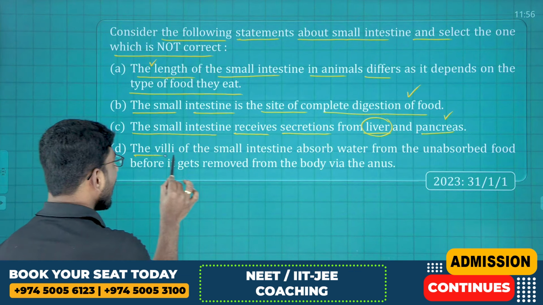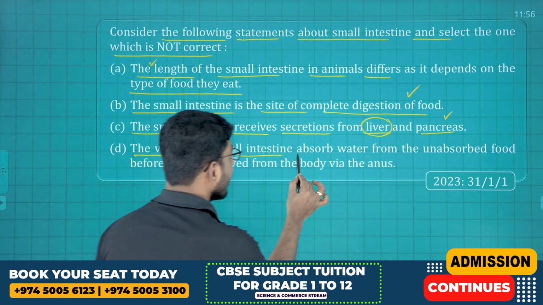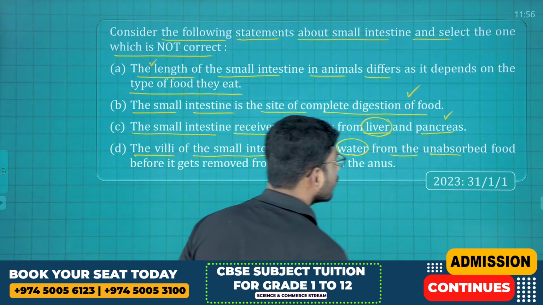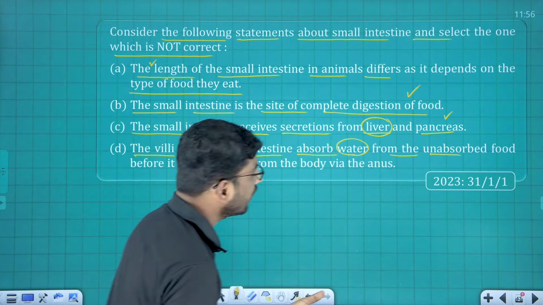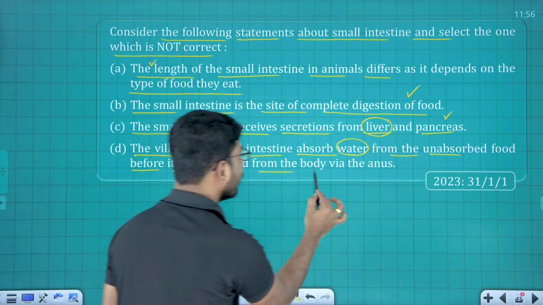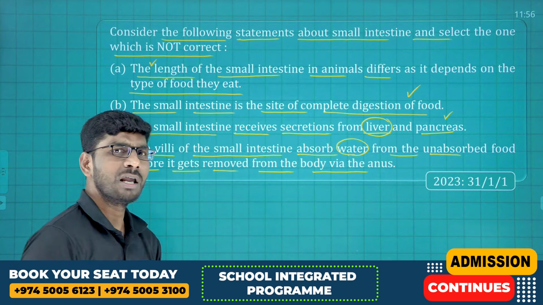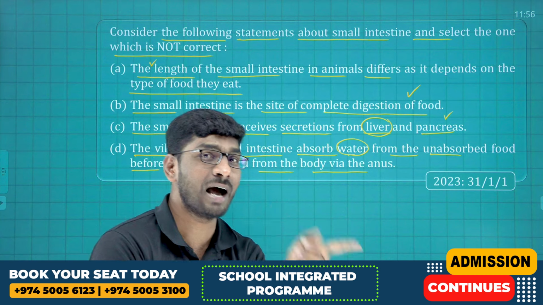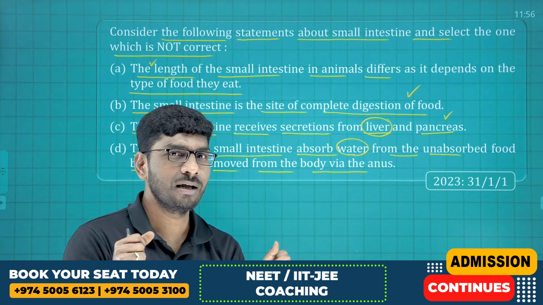Next, the villi of the small intestine absorb water from the unabsorbed food before it gets removed from the body via anus is mentioned. Via anus. Does water undergo reabsorption in the large intestine or small intestine?